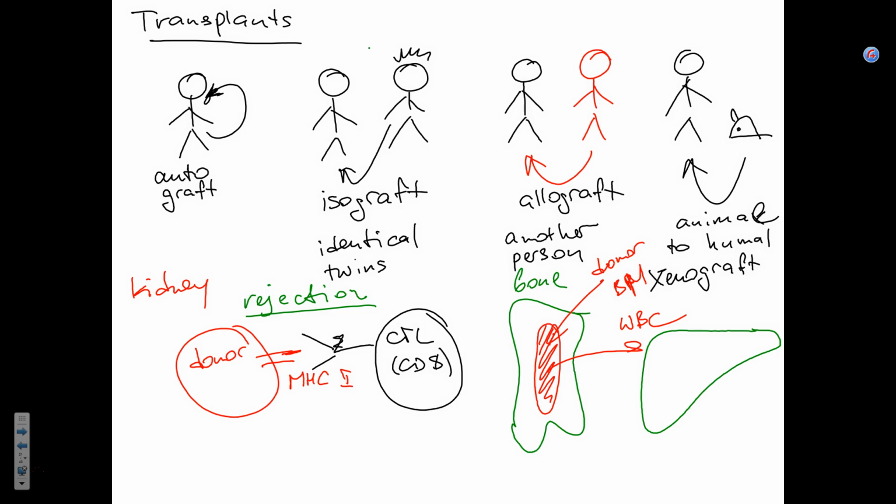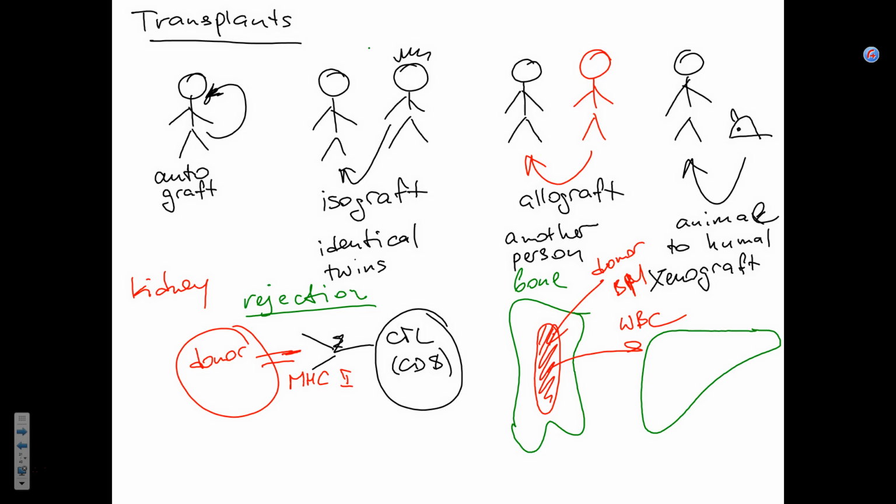Does that make sense? You got it? They're not your blood cells. So they're going to recognize every cell in your body as being foreign to them, and they will start to destroy every cell in your body.